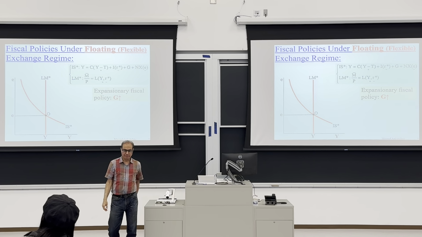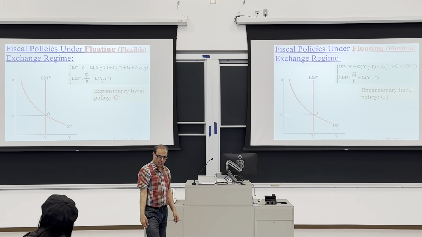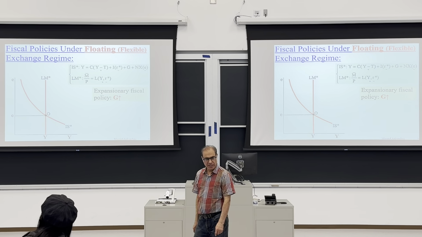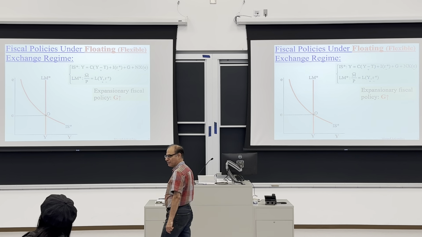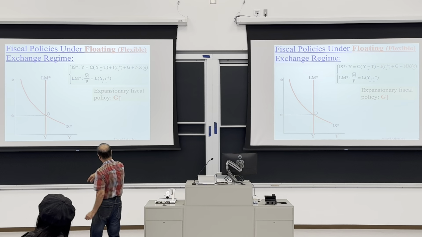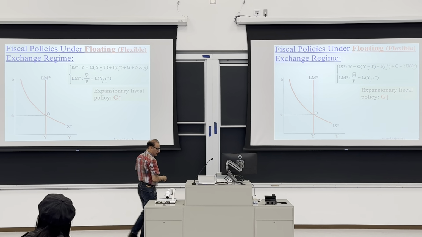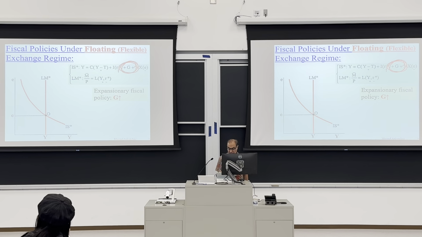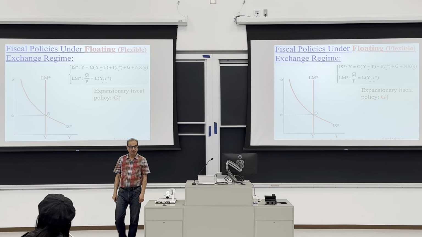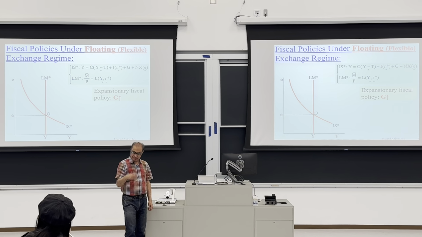Anyone? So you have experience of G and IS curve. So the same experience as IS star curve. What happens? Anyone? G goes up. What happens? Your final exam now.